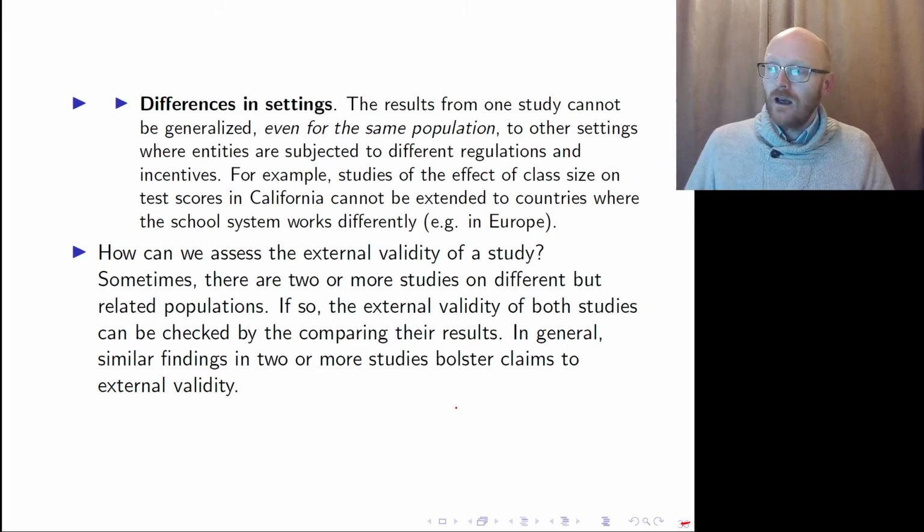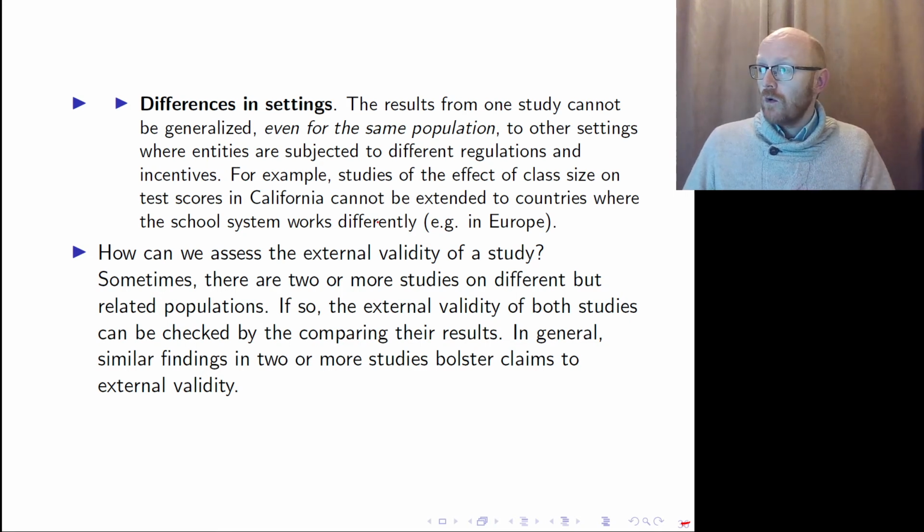So, for example, if you try to use your model on the same population, maybe you try to estimate the growth of GDP in one country, and you estimate your model in certain economic conditions, maybe favorable economic conditions, but then there is a recession and you can't use your model anymore because the setting is different, but the population is the same because it's the same entity.